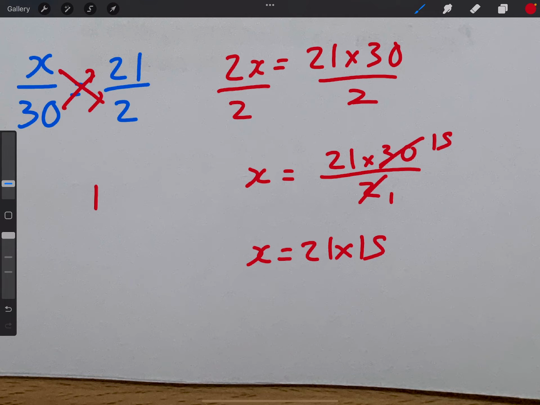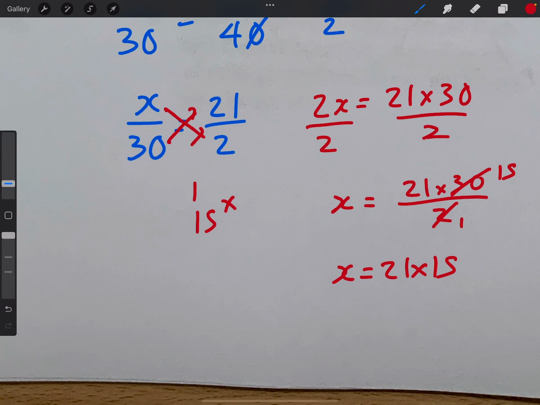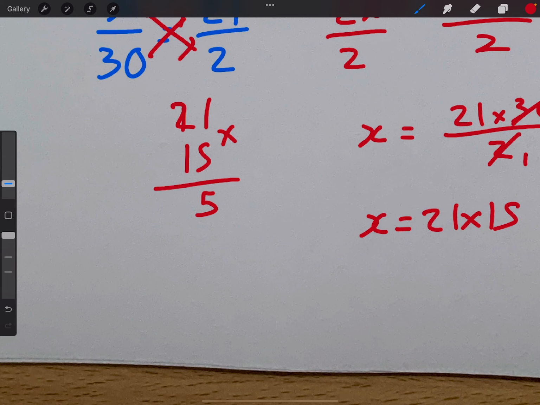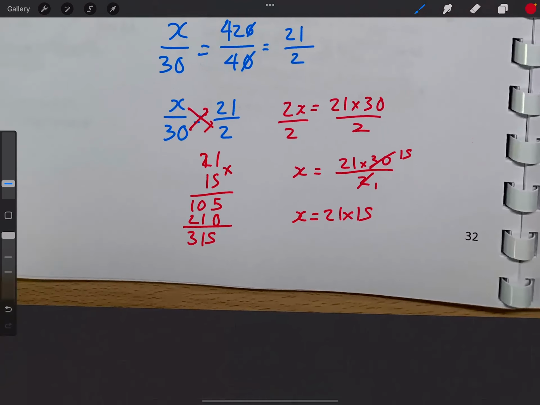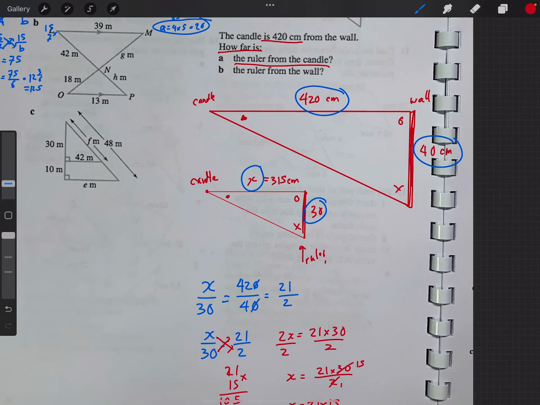Oof, that's a big number. Let's see what it is. 21 times 15. Whoops. Let's see what we get. 5 times 1 is 5. 5 times 2 is 10. Add the 1 and you're going to get 315. So therefore, the distance for x is 315 centimeters. And now it's asking for the ruler from the wall. So the ruler is around here.